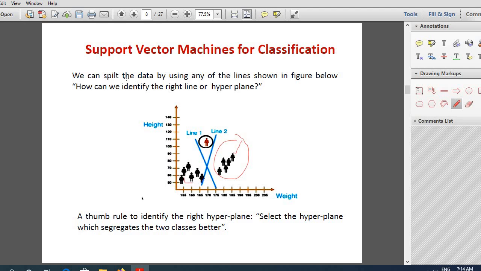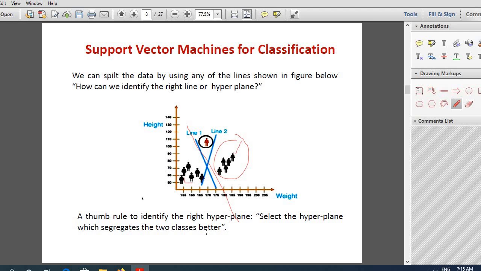Now, you know that by using this line, you can definitely split these two classes. Also, by using this line 2, you can separate into male and female, two classes. So which line should you actually select? There are numerous lines between the two classes which can separate them.